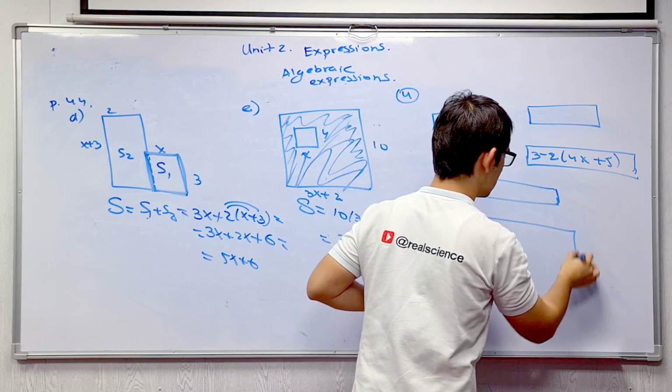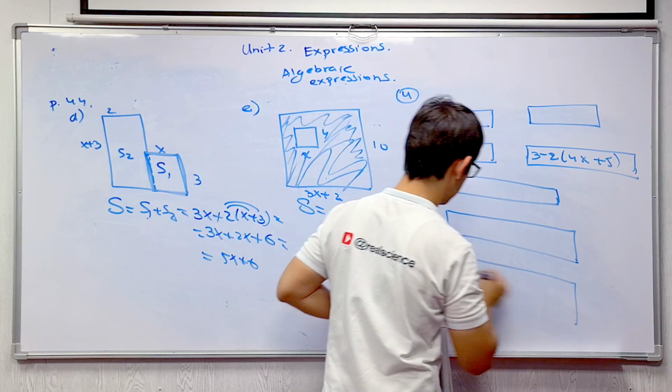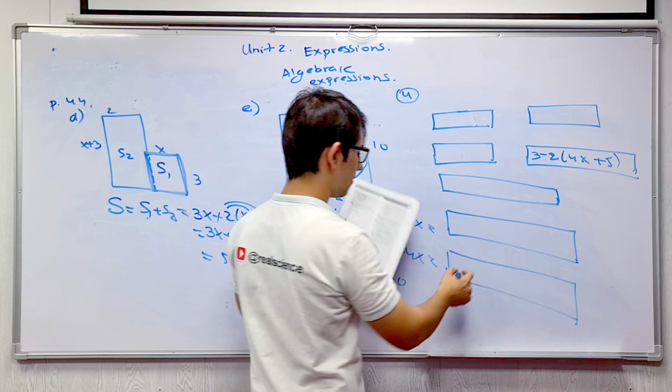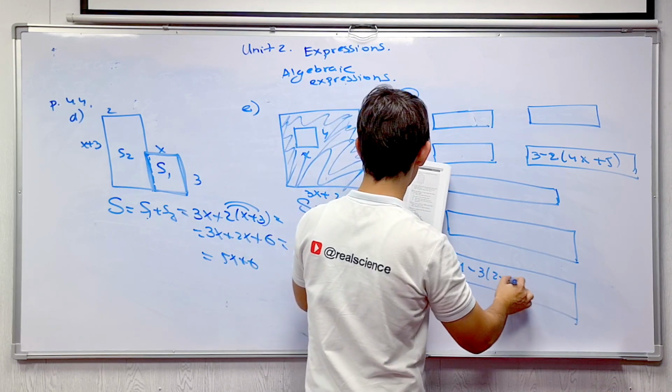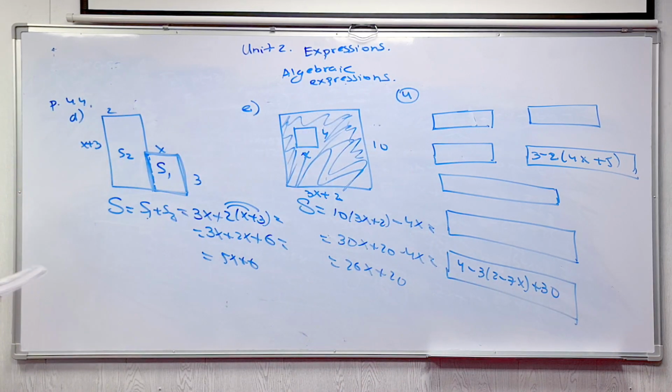Another one, with the same length. Here you have 4 minus 3, 2 minus 7x plus 30. Pair up equivalent expressions to find the odd one out. It was actually in a mock exam.